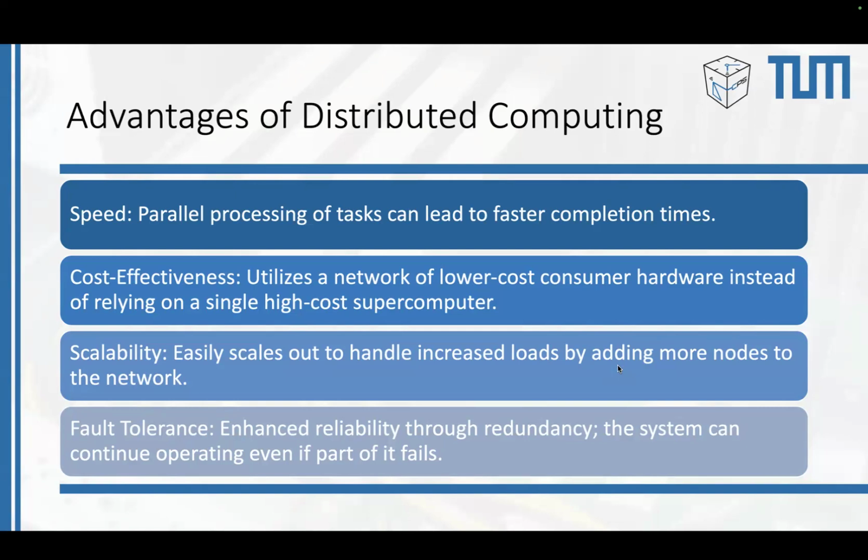And last but not least is fault tolerance. If one particular node decides to crash and doesn't do its job, the scheduling will be able to recover from that. It takes that job, gives it to another node, and everything will continue to go, because the coupling is very loose, right?